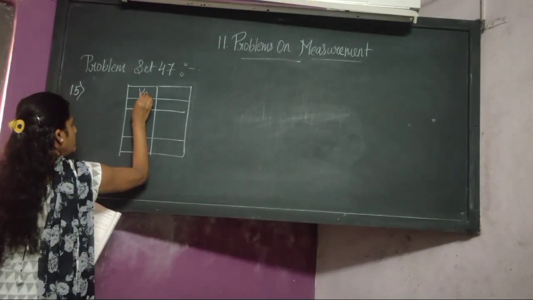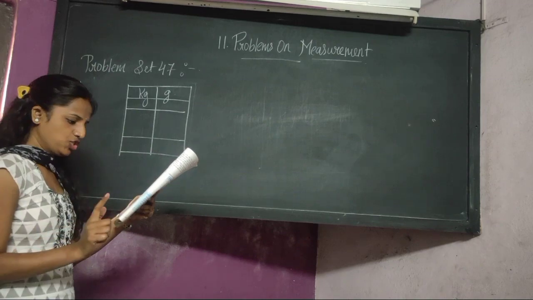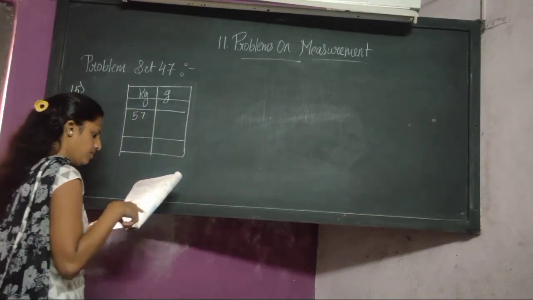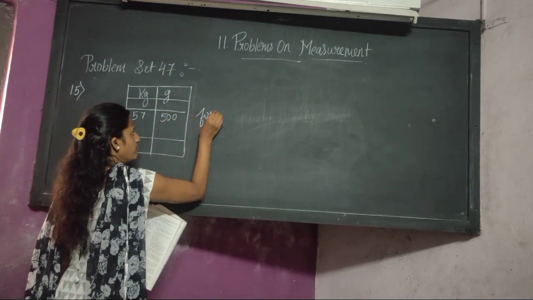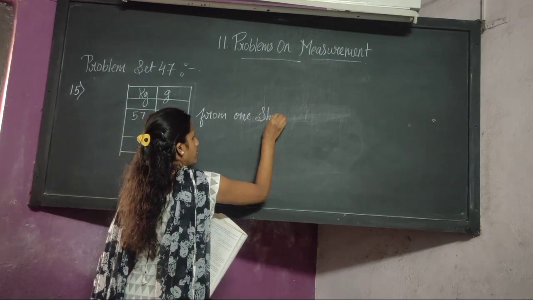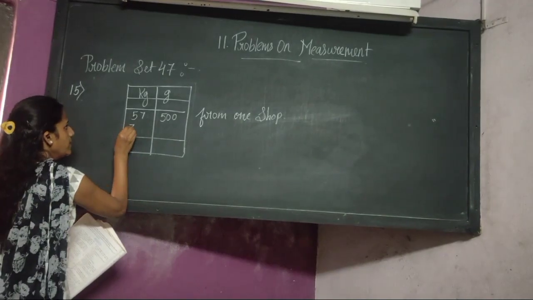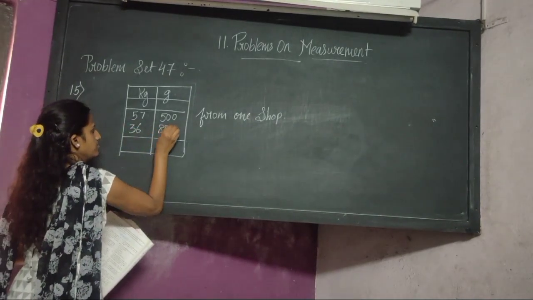Just write down that. Okay, he has bought weight from one shop, that is 57 kg, 500 gram. This he has bought from one shop. And from another shop, he has bought 36 kg, 800 gram.